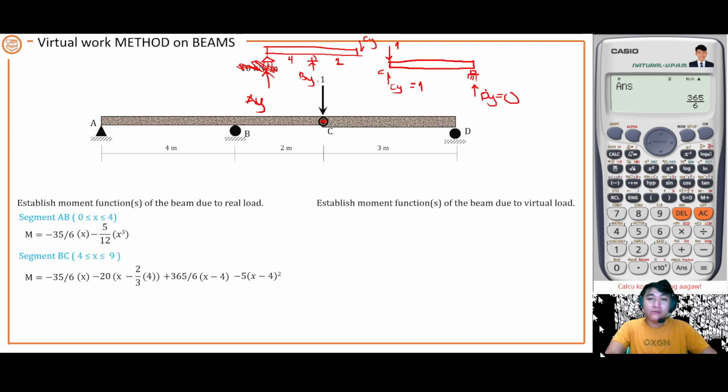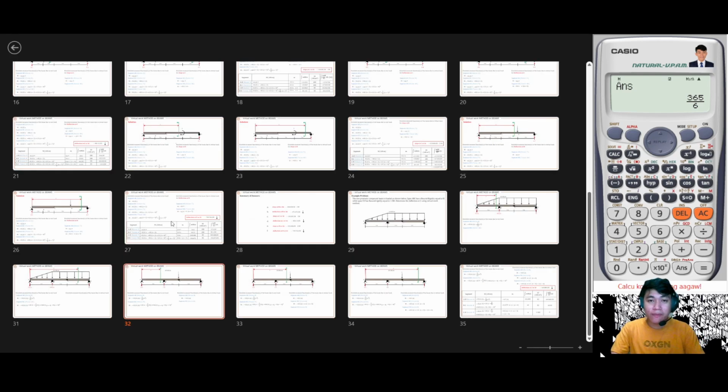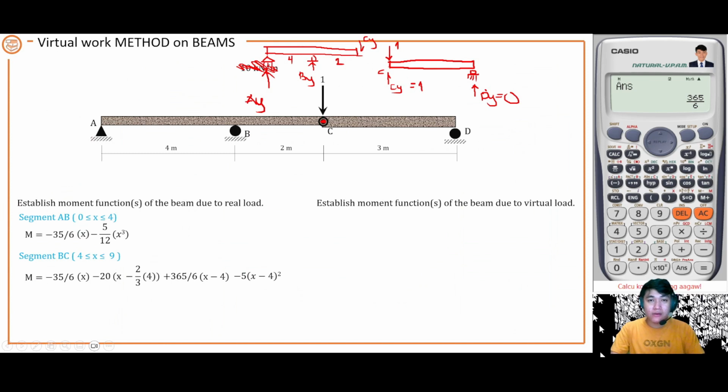Now, summing moment at point A. What is the value of BY? Negative BY, counterclockwise is negative, times 4, plus CY, which is 1, times 6, is equal to 0.